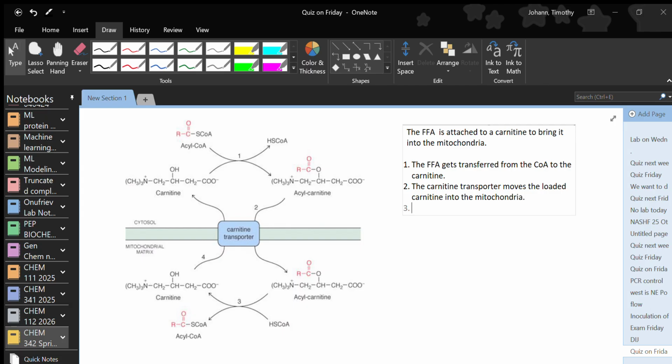Okay, so we're in the mitochondria now. Now the acyl carnitine, or the free fatty acid carnitine, is going to transfer that free fatty acid back over to a CoA.